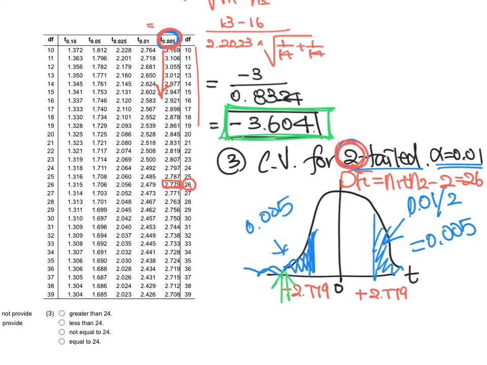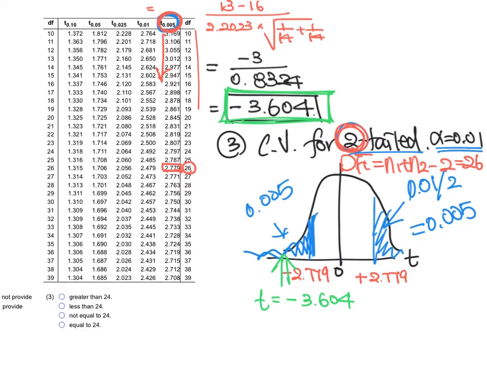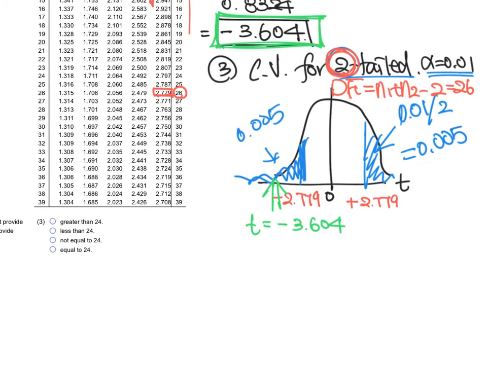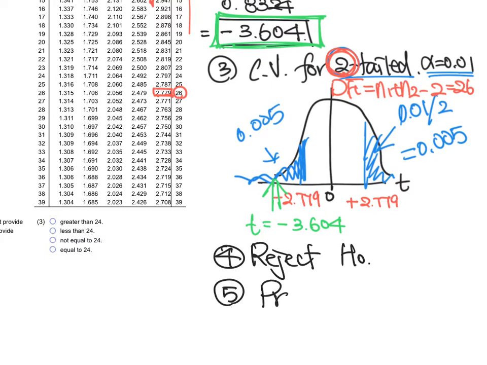Yeah, here's the test statistic, the t-score, negative 3.064. So the test statistic is in the tails, so what will be the decision? Reject the null hypothesis. That means the data provide the alternative hypothesis, which was that they are different.